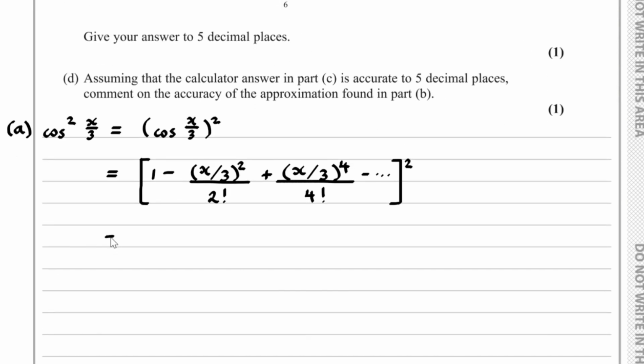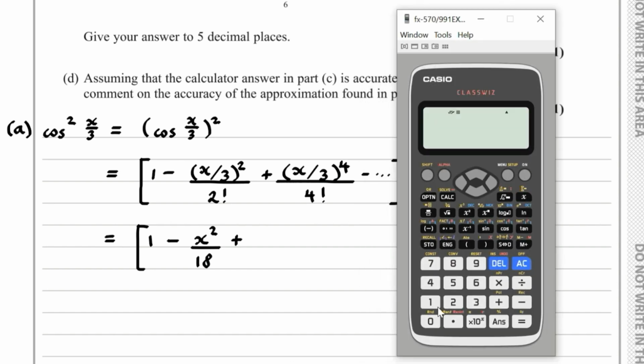So if we work this out, we have 1 minus, now here we've got 1/9 divided by 2, so that's 1/18, so we subtract x squared over 18, and then we have 1 over 3 to the power of 4, and then we will divide this result by 4 factorial, which is 1 over 1944.